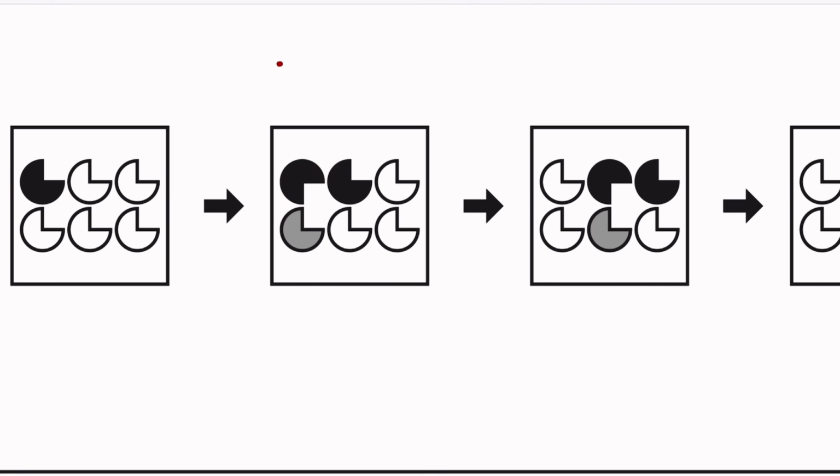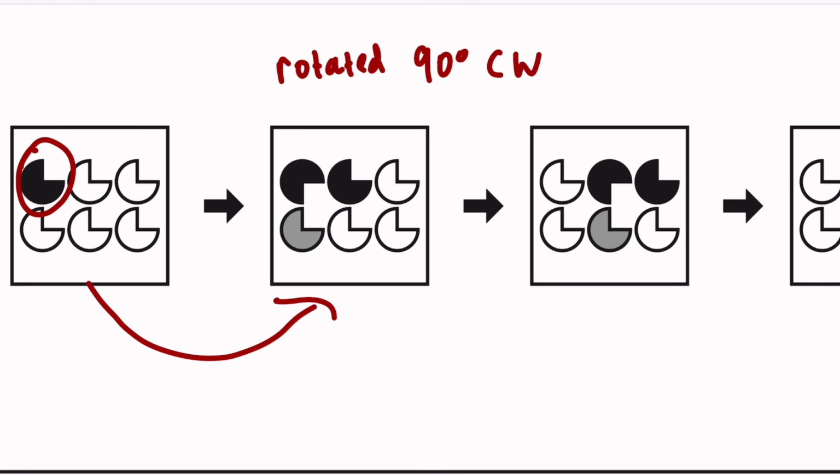It's been rotated 90 degrees clockwise, okay? So after a shape has been shaded, in the next part of the pattern, it rotates 90 degrees clockwise, like shown here. And then after this, it turns back to being white. It goes back to its original white state.